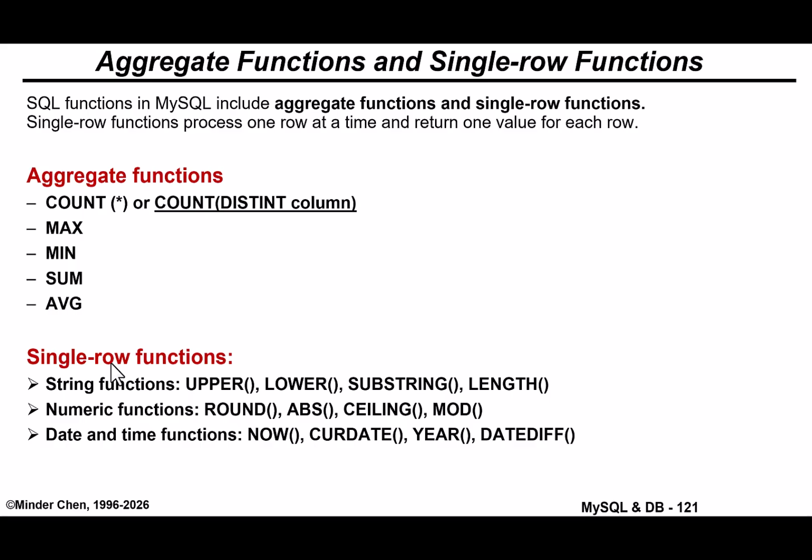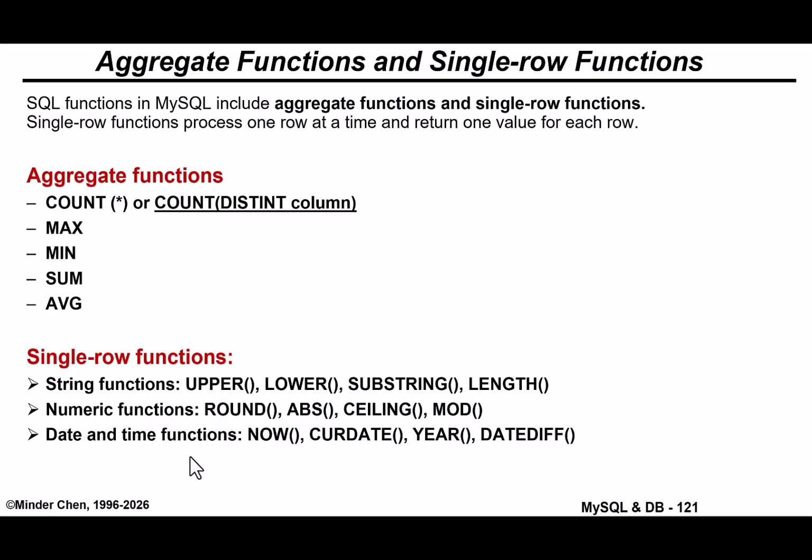A single row function is applied to a particular column, one row at a time. For string columns, you can use upper, lower, substring, and length. For numerical columns, numerical functions include rounding, like round to 2 decimal points, absolute value, ceiling, and mod.